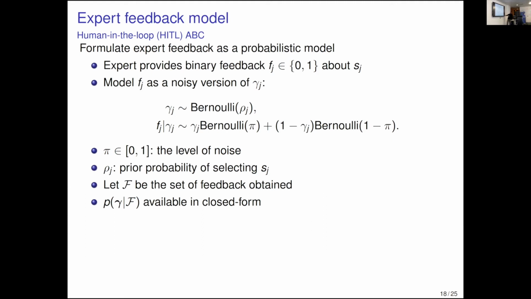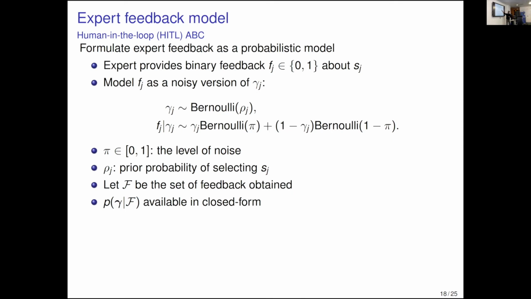The first one is the expert feedback. Let's say the expert feedback is Fj. Again, it's information about gamma, so it's binary; the expert is just saying yes or no. We model Fj as a noisy version of gamma. Gamma has some prior, and given gamma, F is modeled as a Bernoulli. And here pi is this level of noise.